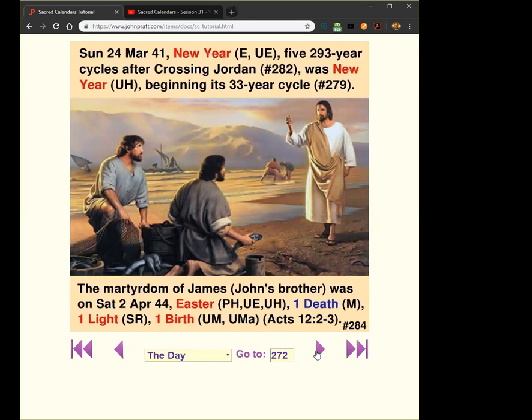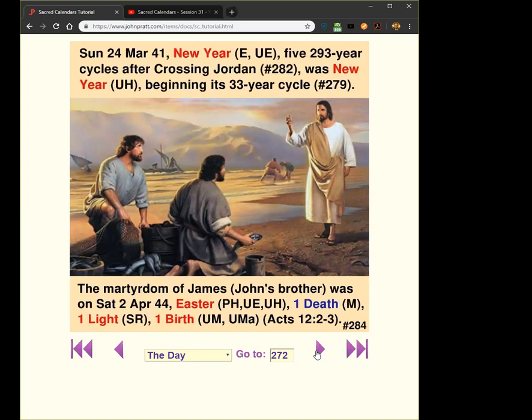The martyrdom of James was in AD 44, and it was on Easter Sunday, which is on both perpetual Hebrew and uniform Enoch and uniform Hebrew. And so his martyrdom comes out when these three calendars are all aligned again.